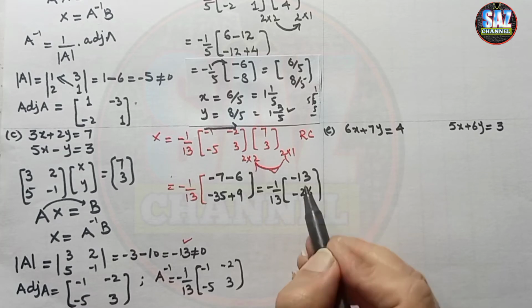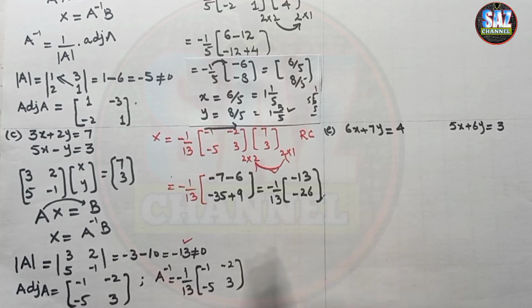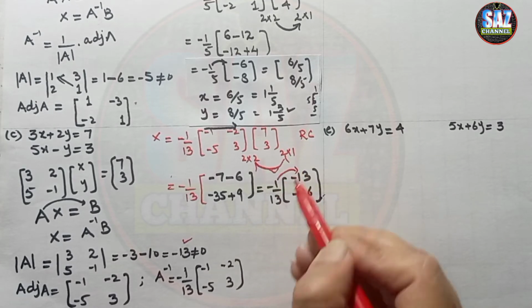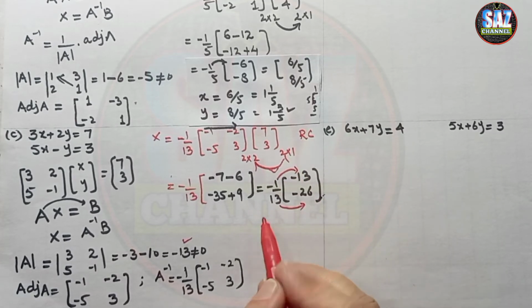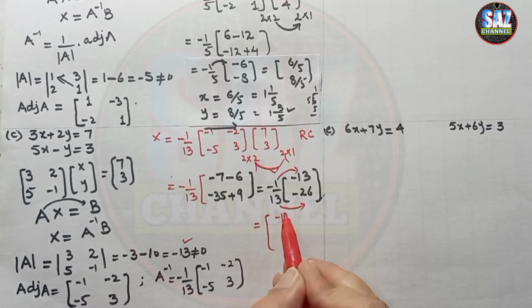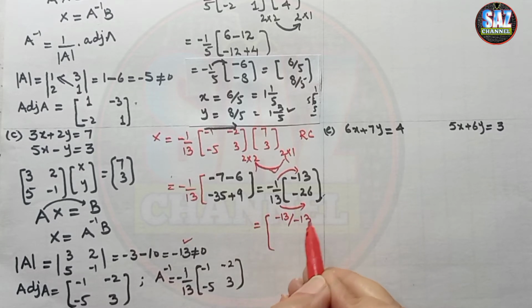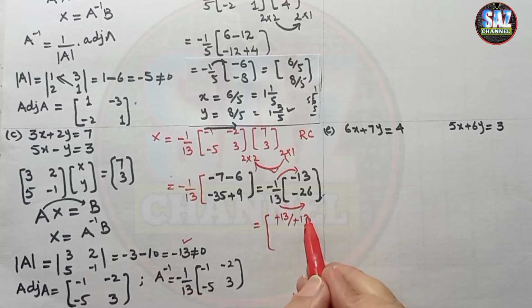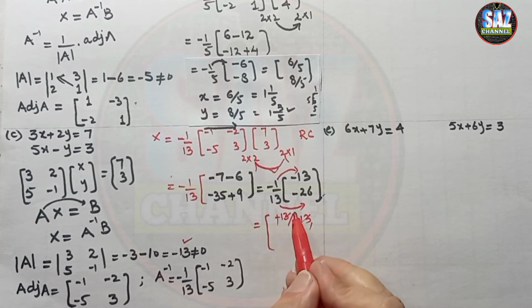Now what we have to do is shift this scalar inside the bracket and simplify every entry with this scalar, and the question will take the form minus 13 by minus 13. This minus sign will go, and 13 how many times? 1 times.